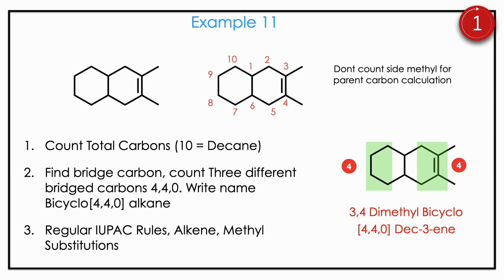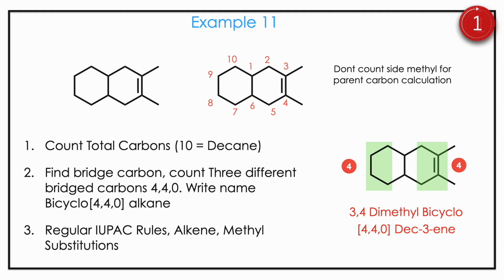Then example 11, fused system with alkene and methyl group. Here you should count the total carbon atoms. You should not count the methyl groups because you should count the carbon only on the ring. Methyl is away. So totally 10 carbon atoms. It is decane. Then through the bridged carbon, 4 on the other side, and the third is optional, meaning 0. Then you have an alkene in the system.